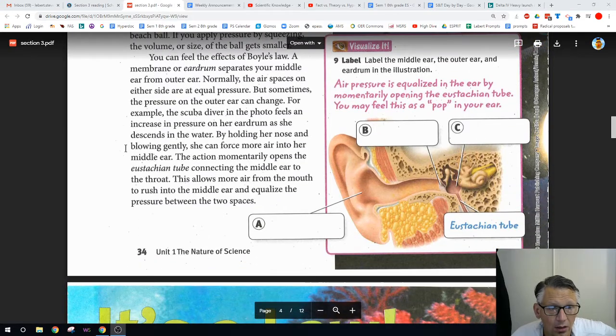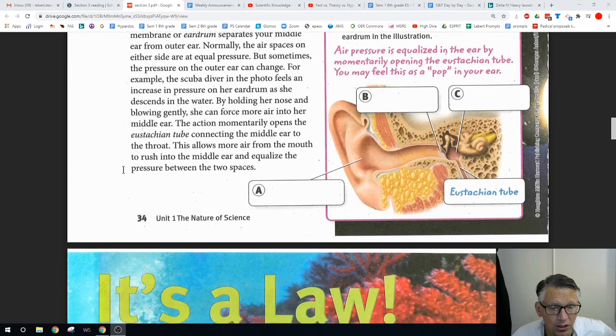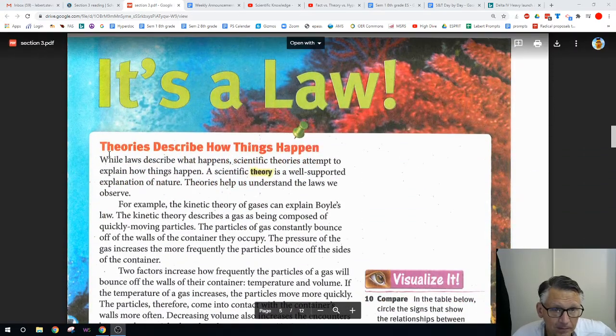By holding her nose and blowing gently, she can force more air into her middle ear. The action momentarily opens the eustachian tubes connecting the middle ear and the throat. This allows more air from the mouth to rush into the middle ear and equalize the pressure between the two spaces. It's a law.